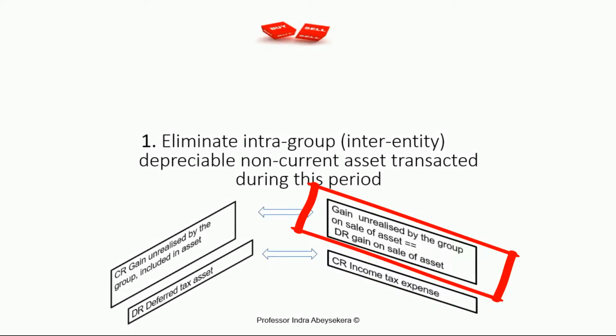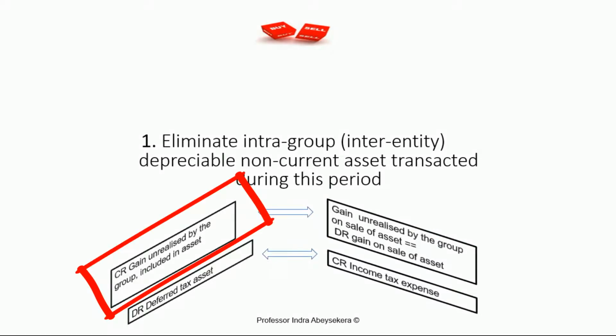And the overvaluation component in that asset of the recipient entity is also not counted for the group because that shows an excess value for the asset.